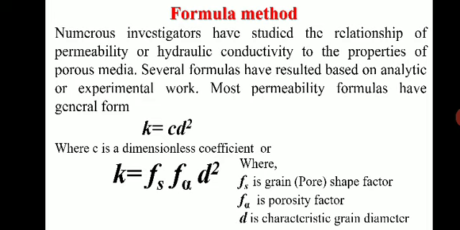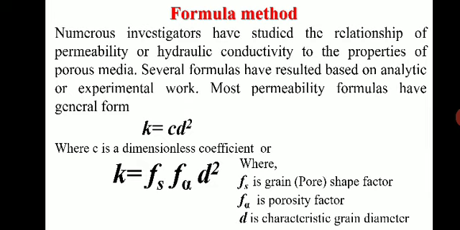So the first one is the formula method. There is a predefined formula. Numerous investigators have studied the relationship of the permeability, or the hydraulic conductivity, to the properties of the porous media.